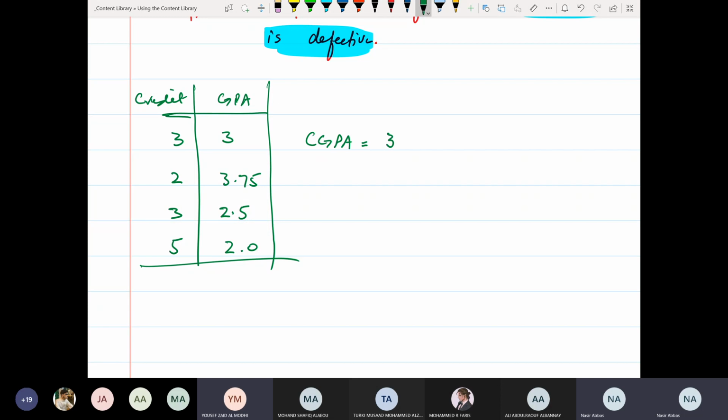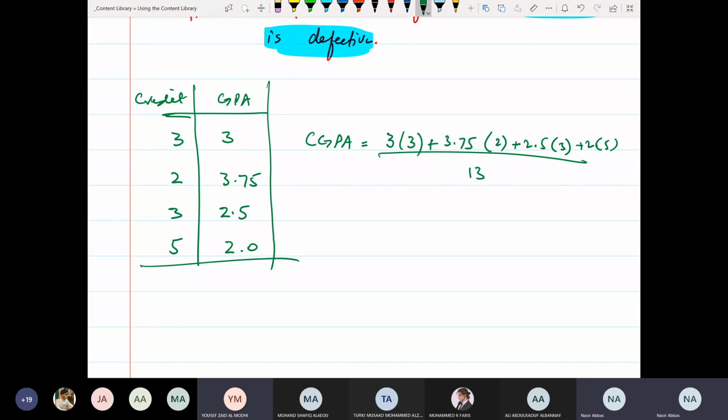Let me tell you what you are saying. You're saying that you will multiply this 3, which is the GPA of the first course, by the credits, plus 3.75 multiplied by the credits, plus 2.5 multiplied by the credits, plus 2 multiplied by the credits, divided by the total credit, which is, I think, 13.